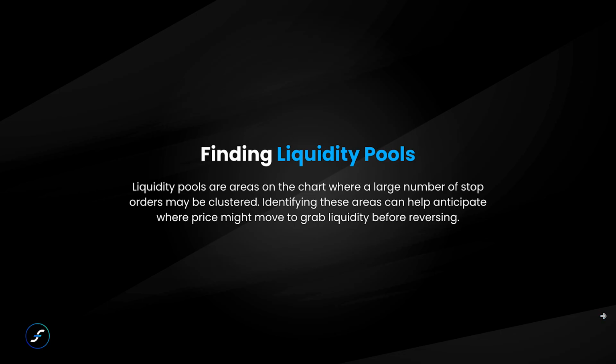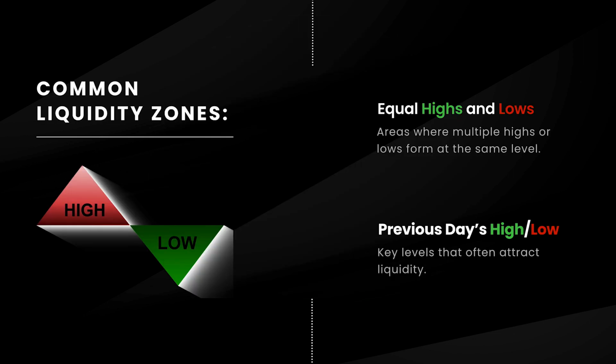Next, we have to find our liquidity pools. Liquidity pools are areas on the chart where a large number of stop orders may be clustered. Identifying these areas can help anticipate where price might move to grab liquidity before reversing. Some of the common liquidity zones are equal highs and equal lows, which are areas where multiple highs or lows form at the same level.